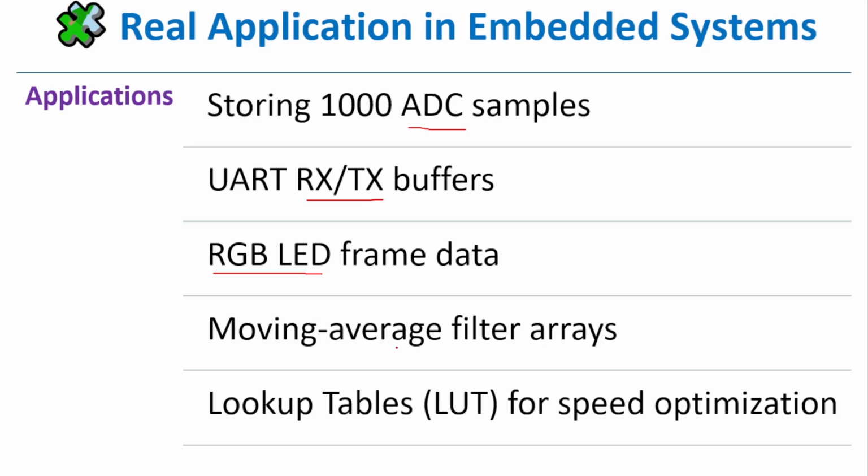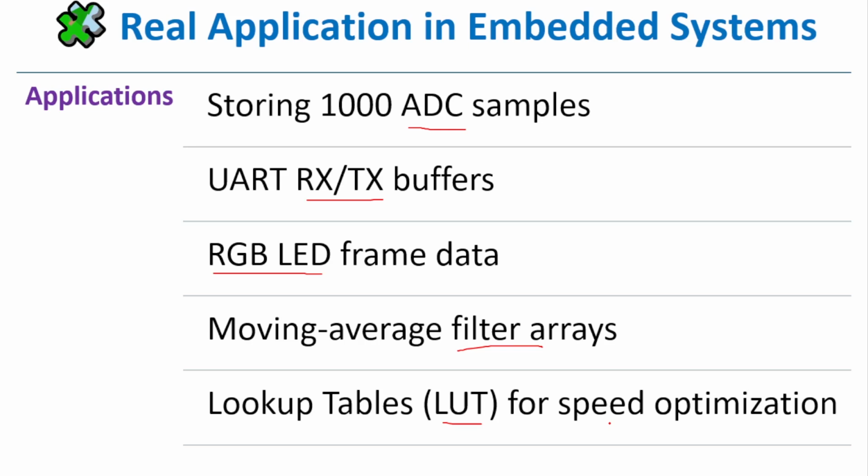In filtering applications, moving average filters rely on arrays to keep track of recent samples for smoothing signals, and for performance critical tasks, we often use lookup tables, allowing the program to access pre-computed values instantly instead of recalculating them.